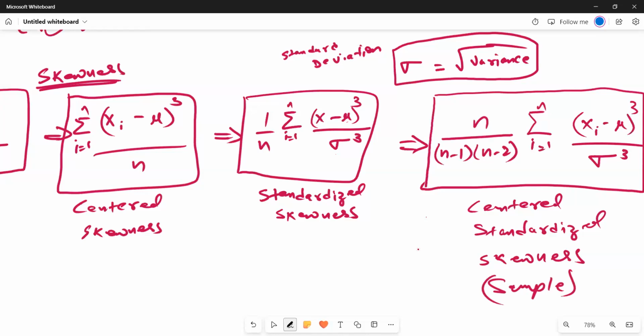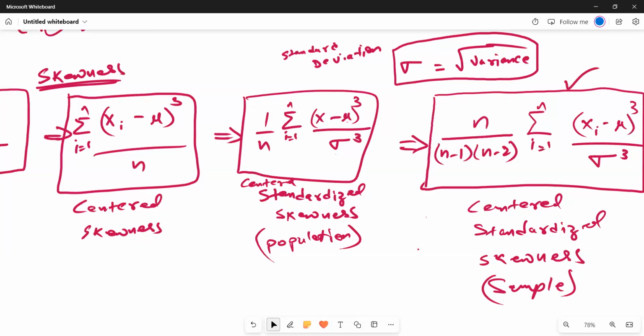This is the centered standardized skewness for population. So every time you need to calculate the skewness, you can use this particular formula. On the internet, you'll find all these 4 formulas for skewness, but you need to understand under what circumstances what formula has to be used.